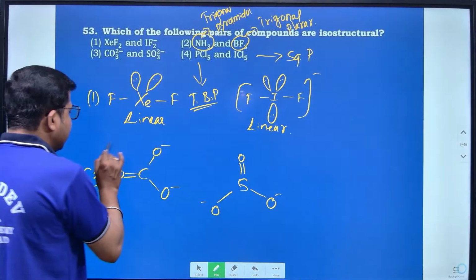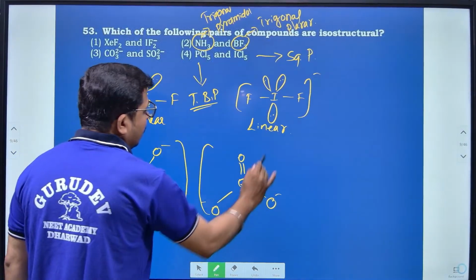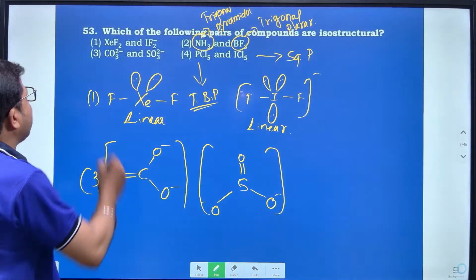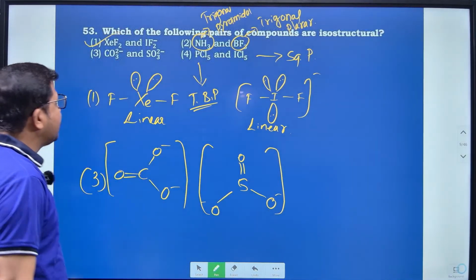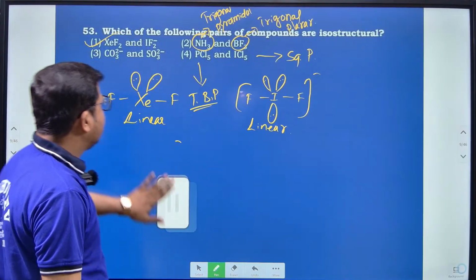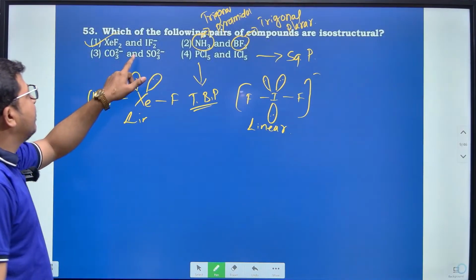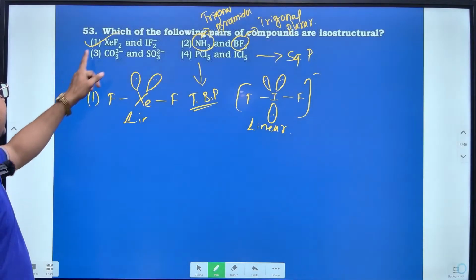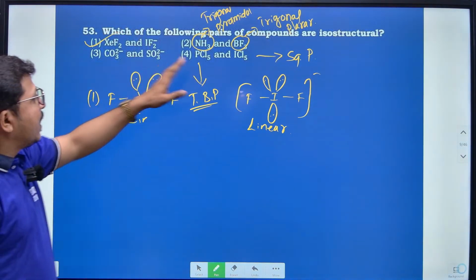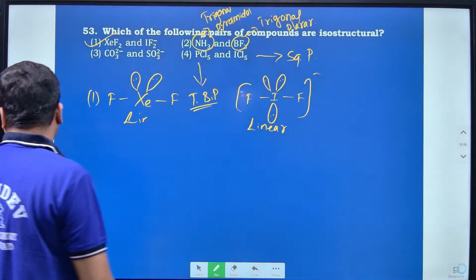Hence, this is also not isostructural. Therefore the right option is option number 1. Hence XeF2 and IF2 minus are the compounds with isostructural structure.